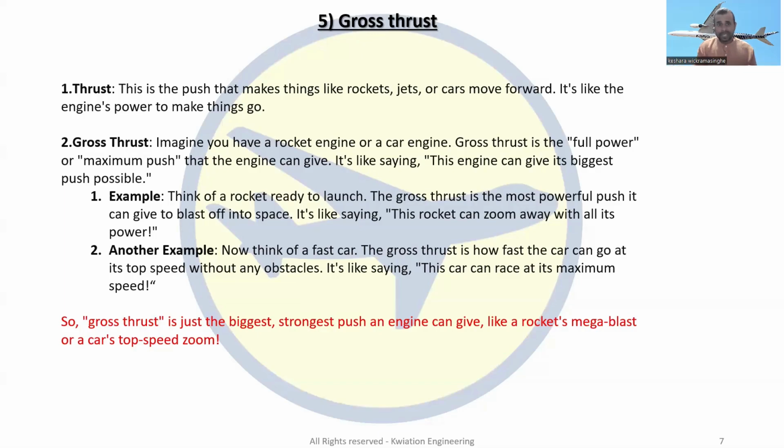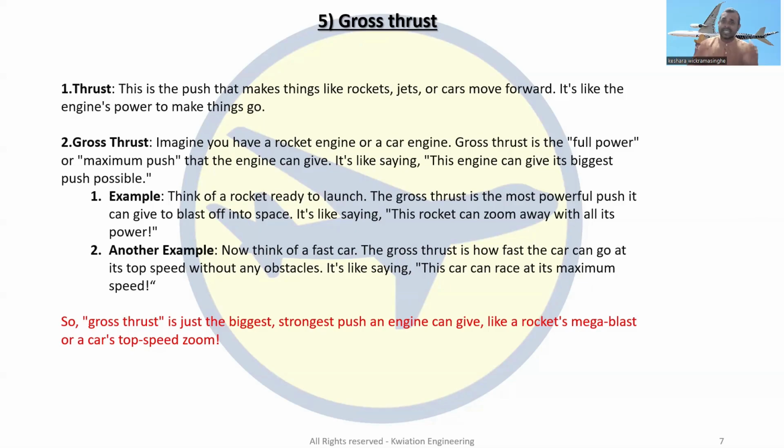Another example: think of the fastest car. The gross thrust is how fast the car can go at its top speed without any obstacles.